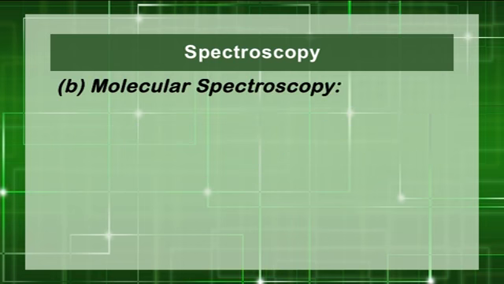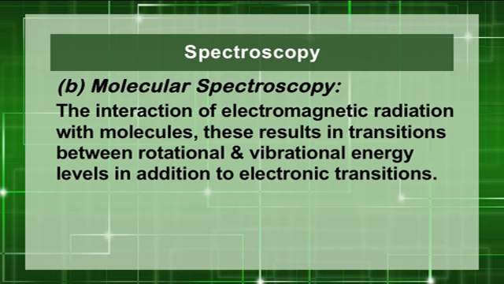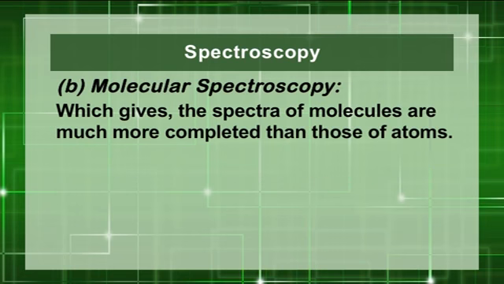Coming to molecular spectroscopy, the interaction of electromagnetic radiation with molecules results in transitions between rotational and vibrational energy levels in addition to electronic transitions, which gives spectra of molecules that are much more complicated than those of atoms.